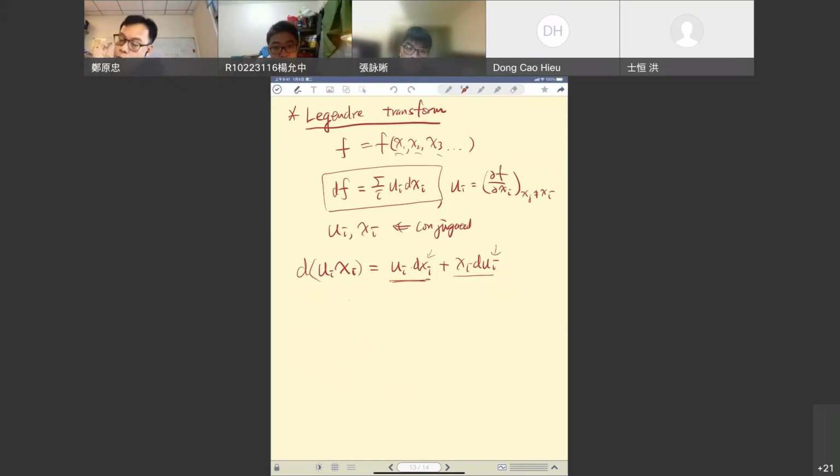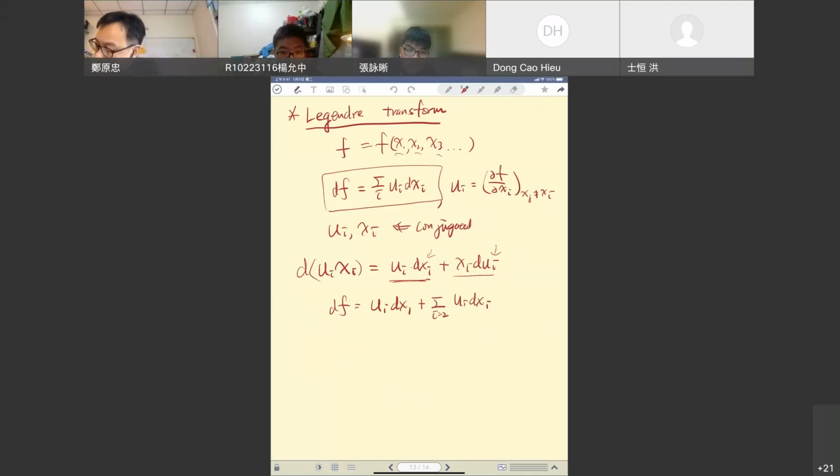And let's choose one, the special one. So I will write df equals u1 ds1, the first one being the special one we want to change, plus the summation from i equals 2 to some number of u_i ds_i. We isolate the first one and we want to change this first one.